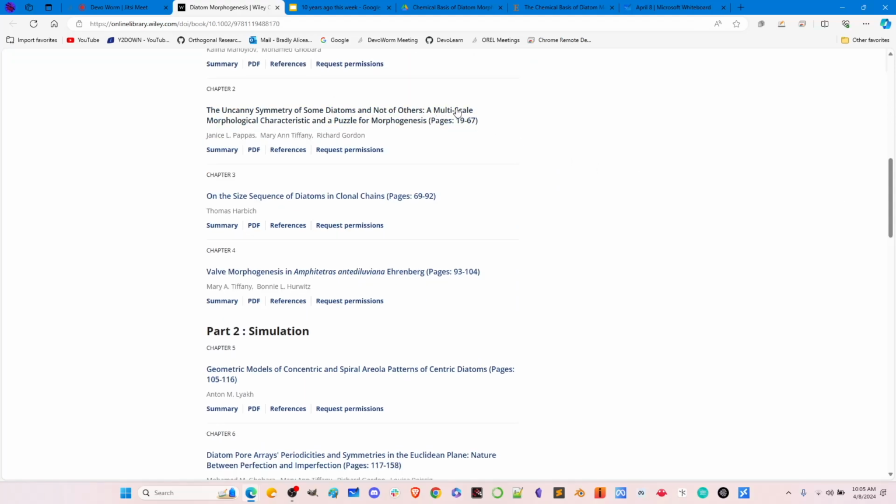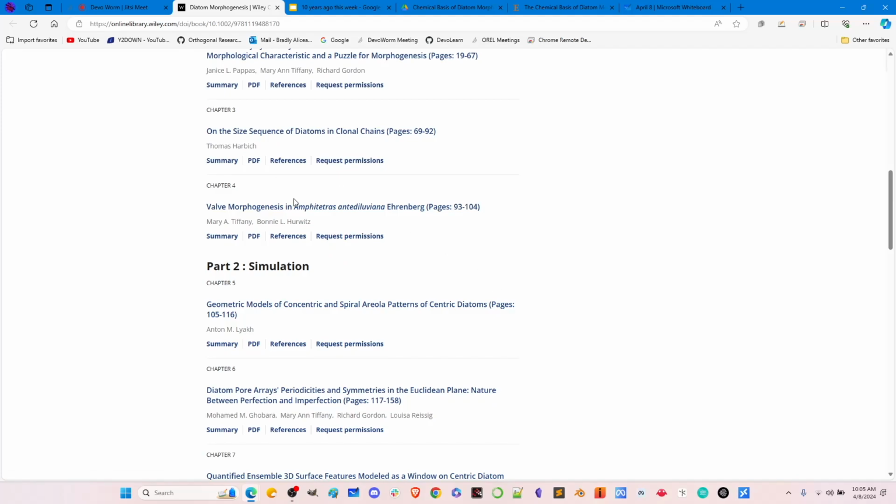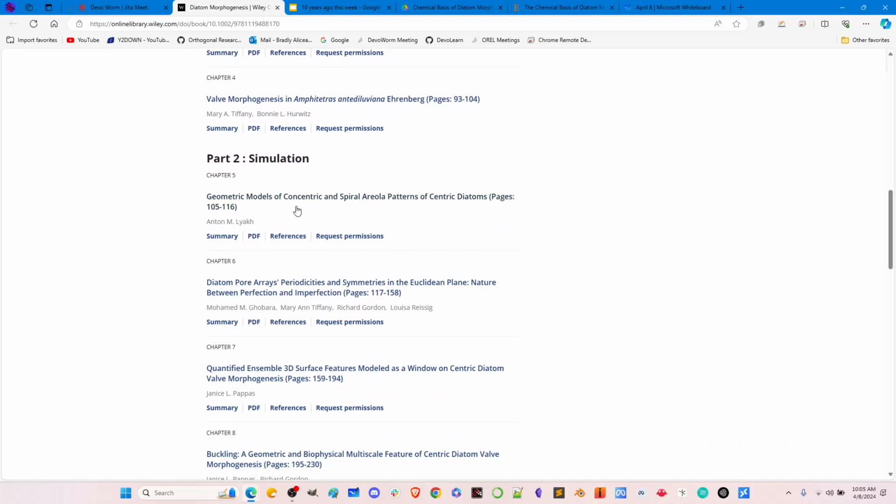So there's some interesting papers here on some of the puzzles in diatom morphogenesis, dealing with single cells to chains of cells. So you have these clonal chains. You have valve morphogenesis. You have geometric models of concentric and spiral areola patterns of centric diatoms.